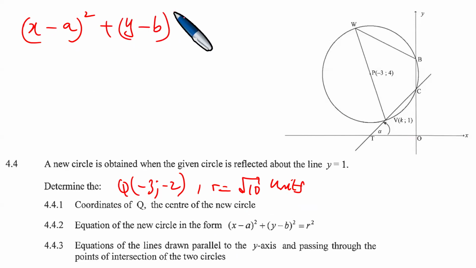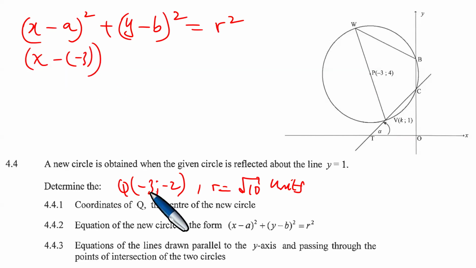Y minus b squared. So that now the center is going to be this. So you put -3, because the center has an x and a y. Then you square this.